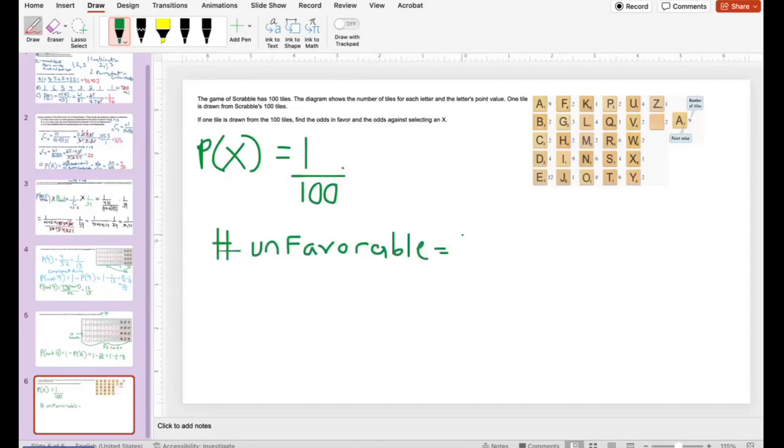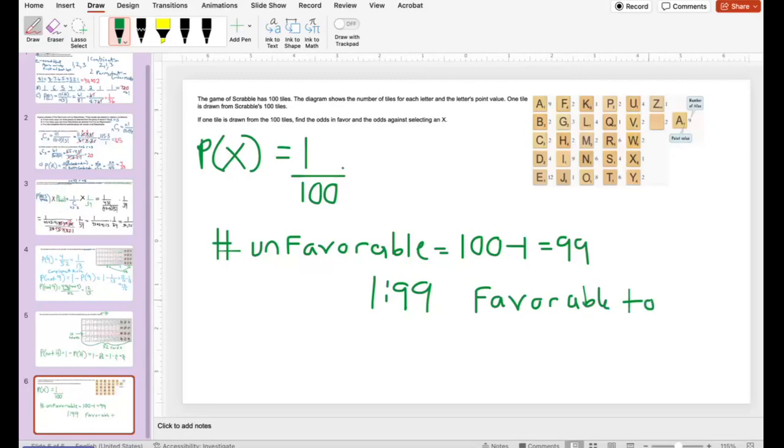That's going to equal 100 minus 1, right? Which is 99. So 1 to 99, we'll write that like that. So this is going to be favorable to unfavorable right here, because there's 99 unfavorable, and 1 favorable is just the X.